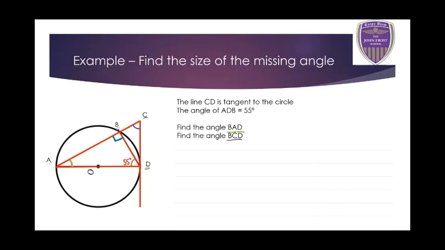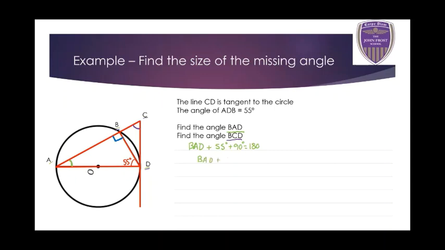So now I know that BAD is a right angle triangle. Angles in a triangle add up to 180 degrees. So I know that angle BAD plus 55 degrees plus 90 will give me my answer, okay? So just jot this down quickly. So BAD plus 55 degrees plus 90 degrees equals 180.